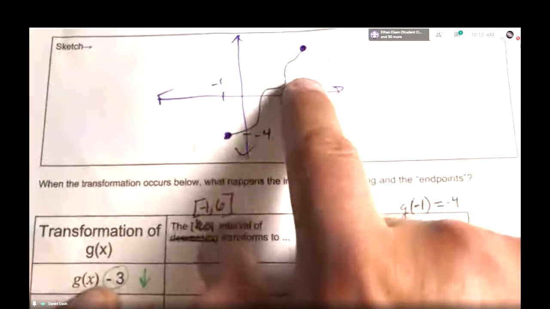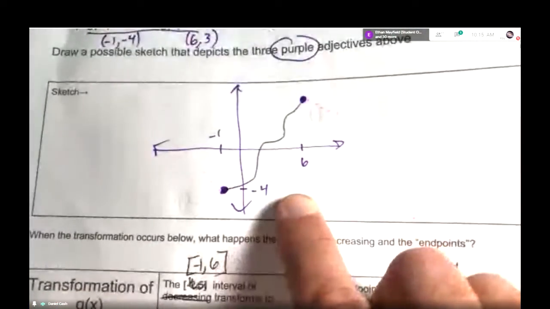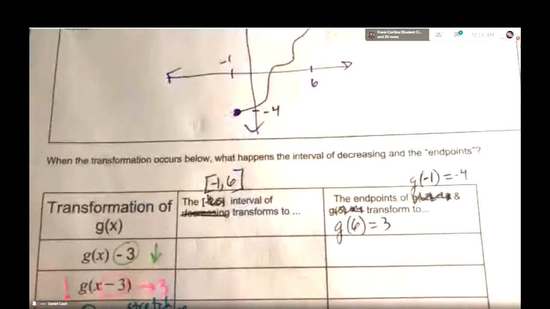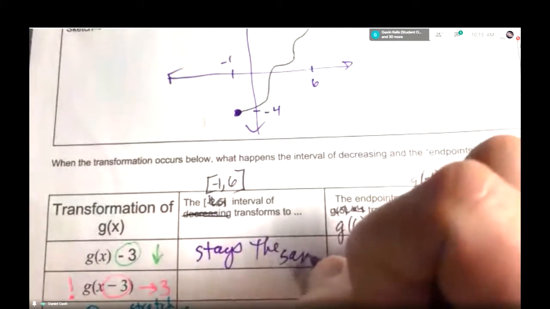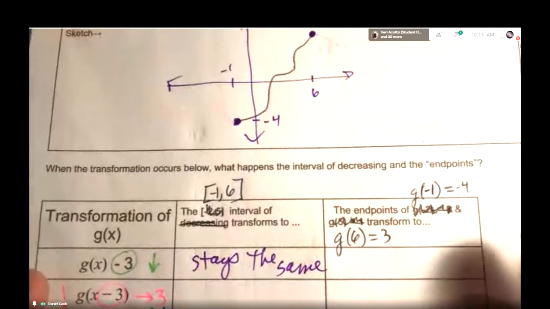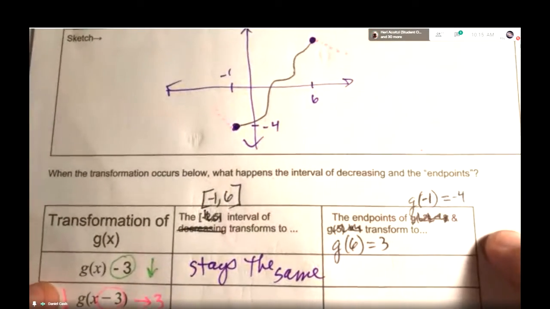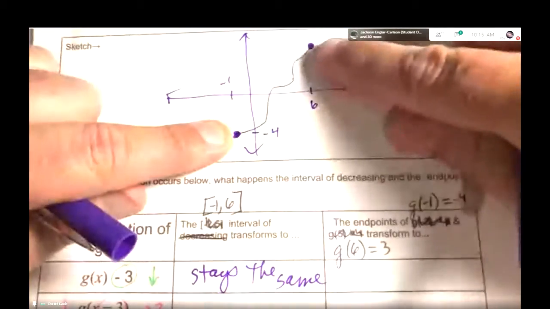This point's going to move down 3 units. If I slide this function down 3 units, isn't it still increasing? It's just going uphill. So it's still going to be increasing from -1 to 6 because it only took the elevator down 3 units. The x values didn't move. It just slid down, but it's still going uphill.